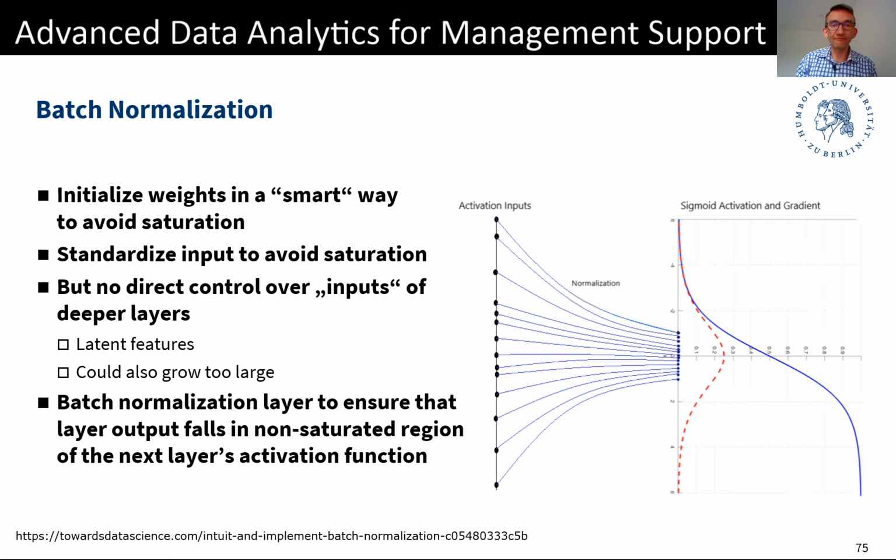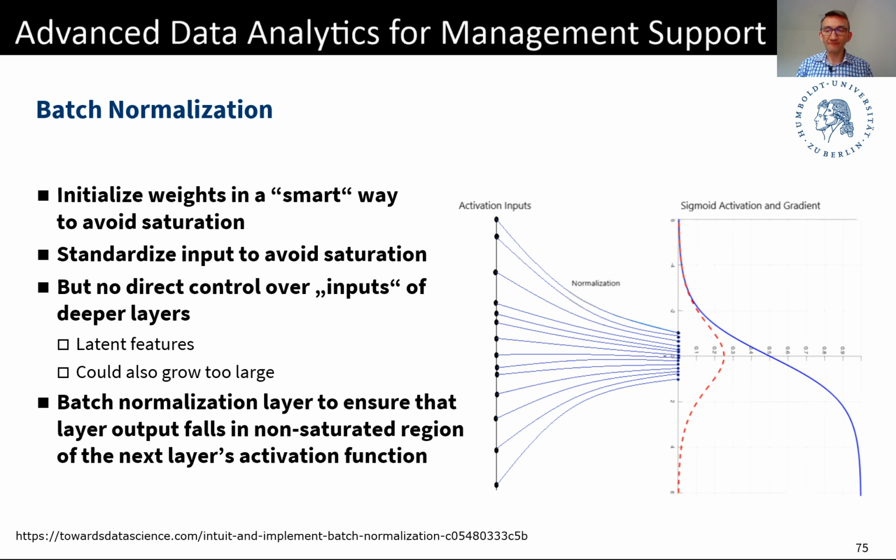Our neural network has problems with learning, gradient updates get impeded, etc. We have seen ways to address that, normalizing the input features, initializing the weights in a proper way, using Xavier initialization, for example. But, and here comes the big caveat, we have no control what's going on within the training so far.